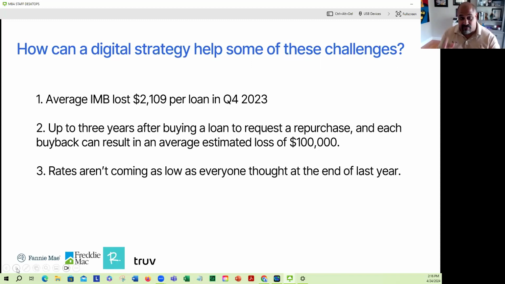But the piece that I really love about this is, for everybody that's sitting in my chair, that's in operations, that's responsible for loan quality, that's responsible for manufacturing a quality product that's going to be sold the first time and quickly, if you could just eliminate your exposure to fraud, and eliminate your exposure to documents that are insufficient, and just put yourself in a space where you could trust your information at day one up front.